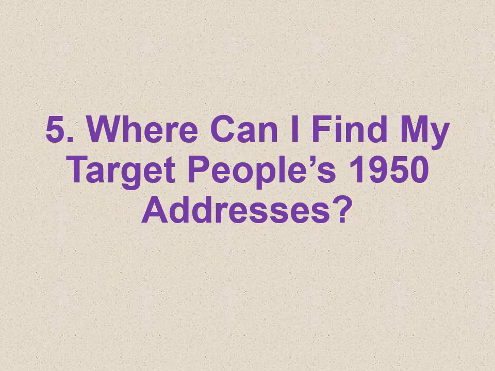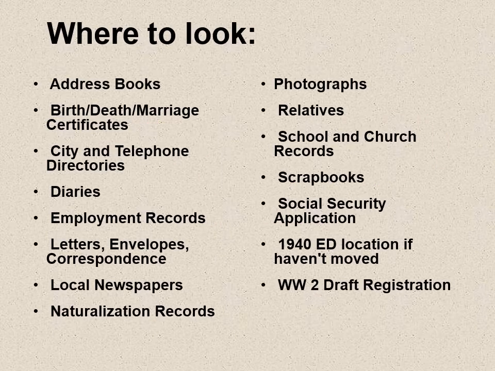So, FAQ 5. Where can you find your target people's 1950 addresses? You should be looking right now and accumulating them. We've put together a list of possible areas that you can look at to figure out who you want to look up on the 1950 census, and then go through your resources, including asking people.